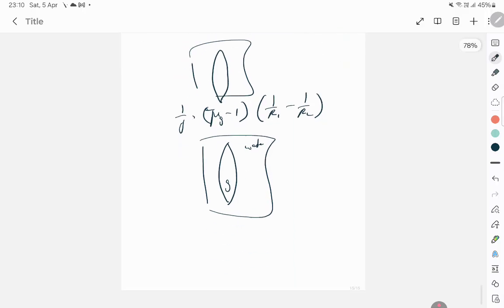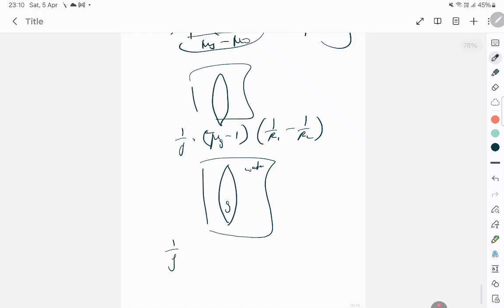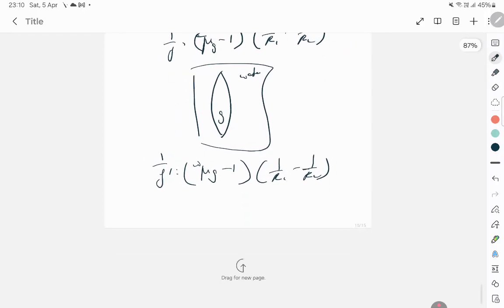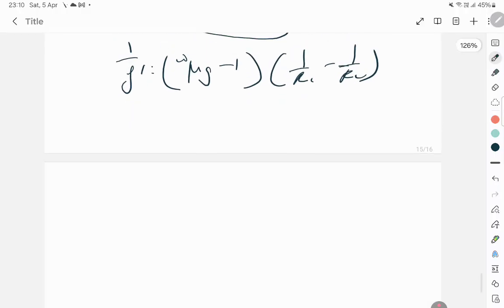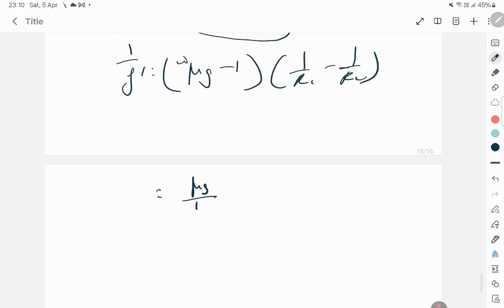In that case, the new focal length f dash is given by 1 by f dash equal to mu of glass with respect to water minus 1 into 1 by r1 minus 1 by r2. Can I write this as mu of glass by mu of water minus 1 into 1 by r1 minus 1 by r2? So this is my new focal length.